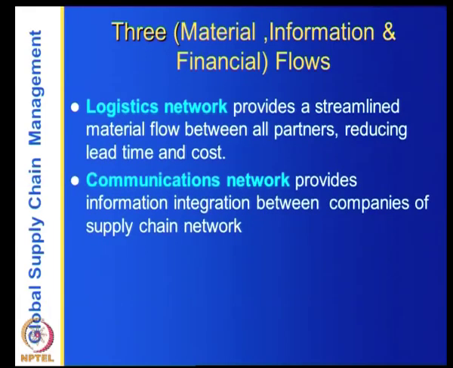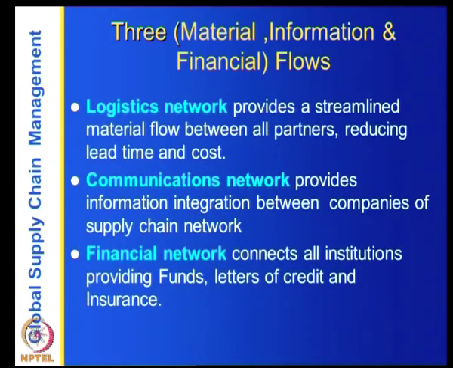And the second network is the communication network. As I said, it provides information integration between the companies in the supply chain network. The information transmitted could be the ordering process, or the status, or the requirements and so on, or it can be information regarding the funds flow.